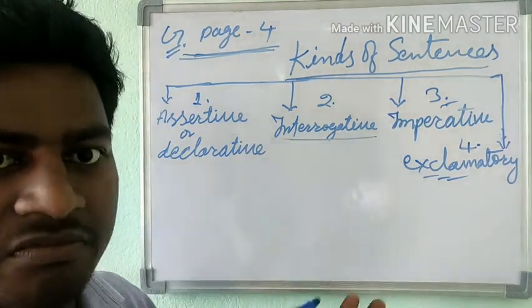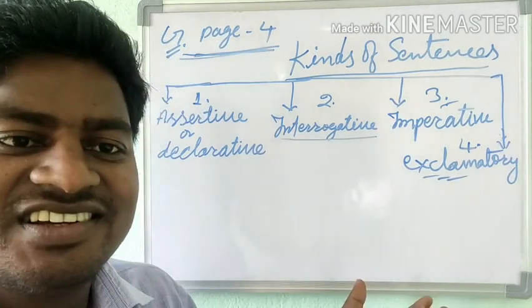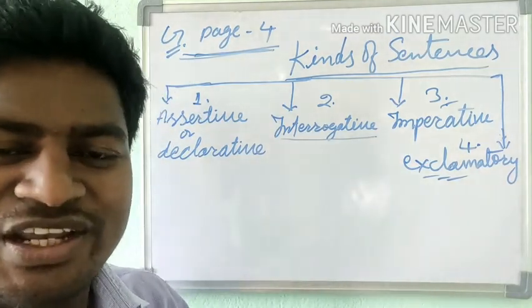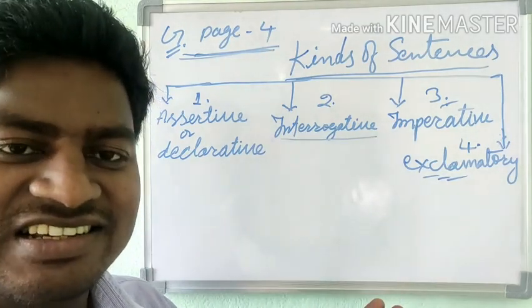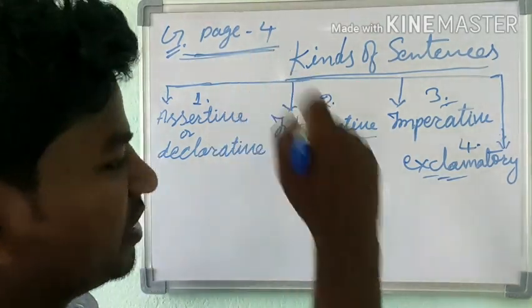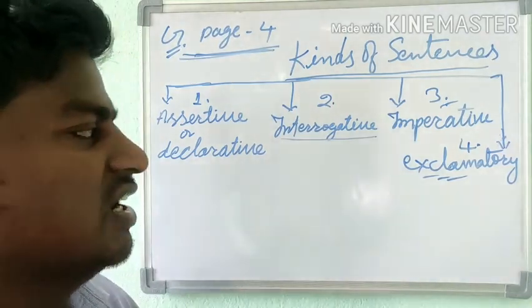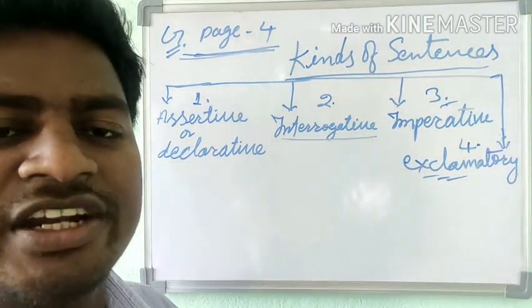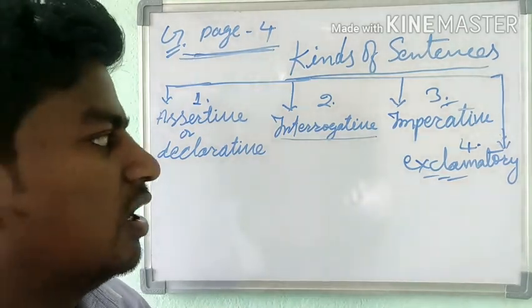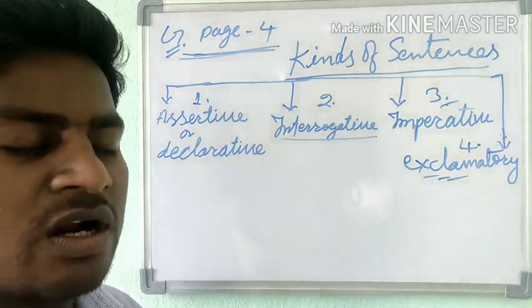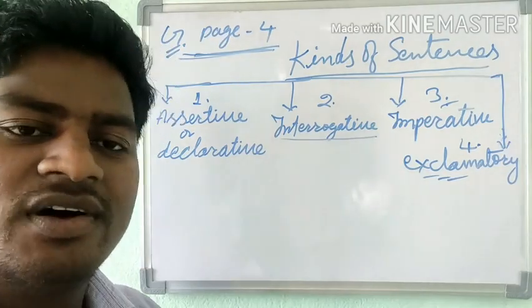But here, kinds of sentences. By this time we know only sentences, but now there are 4 kinds of sentences. One by one we will try to understand what is assertive, interrogative, imperative and exclamatory.